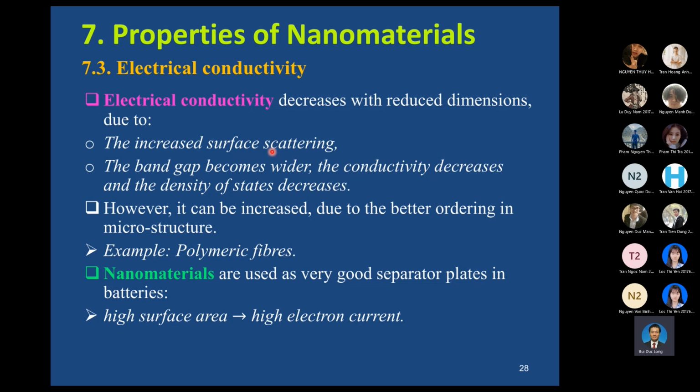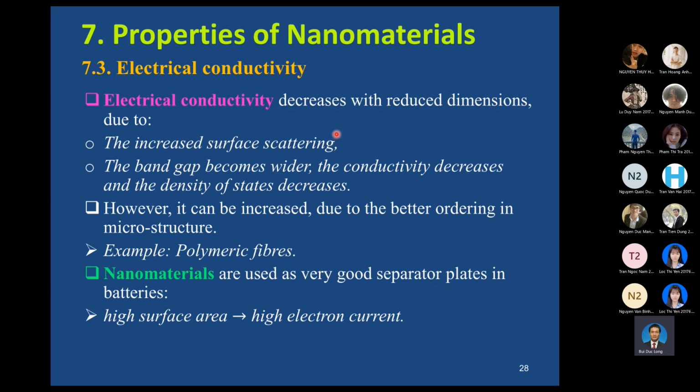So this will reduce electrical conductivity. This explains why electrical conductivity decreases. This involves the increase of surface scattering of charge carriers.